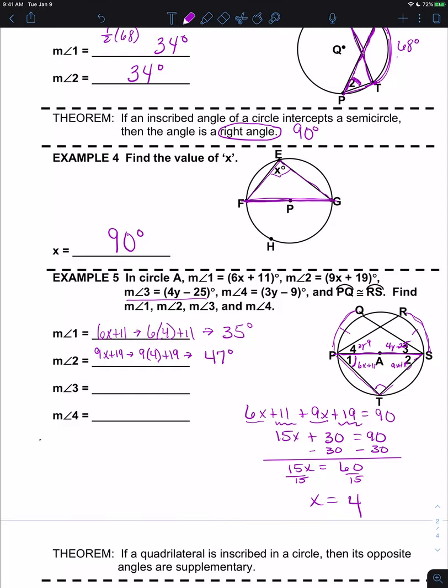So we can set them equal to each other. So we've got 3y minus 9 is equal to 4y minus 25.